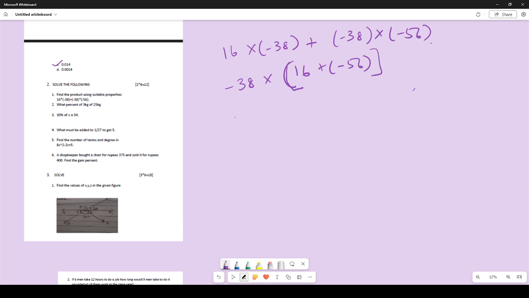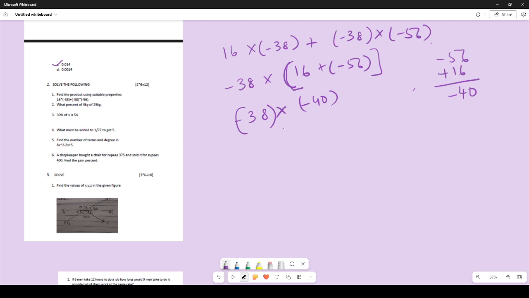Let us solve the brackets first. So minus 38 into 16 minus 56. Now remember, what do we have over here? Minus 56 plus 16. When the signs are opposite, the operation is subtraction. And the sign, remember I tell you of Bada Bhai, the Bada Bhai sign. So this will be minus 38 into minus 40.